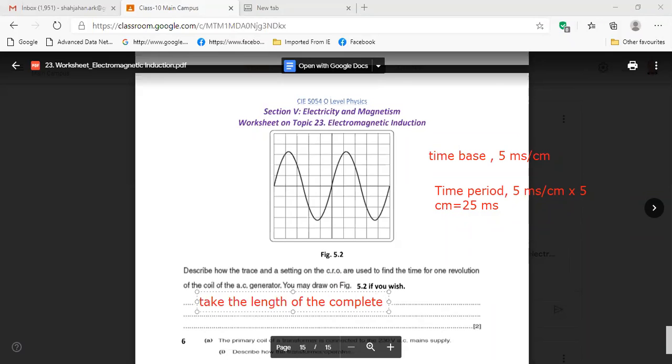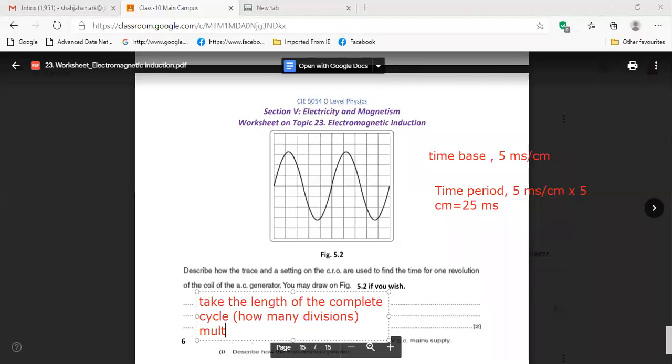Length means how many divisions? We got here 5 divisions, right? So 5 centimeter. And after that, what will we do?